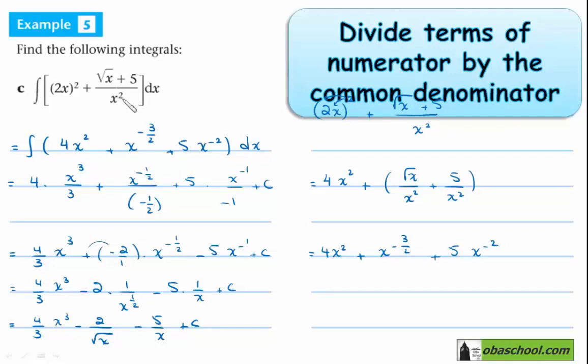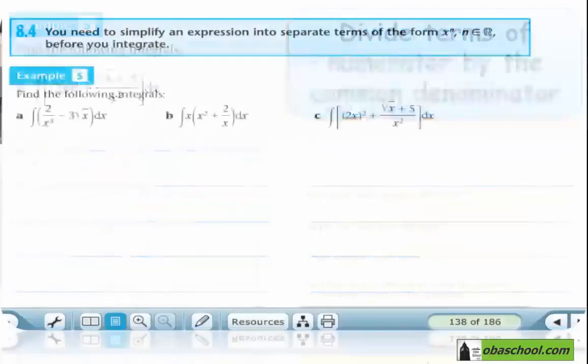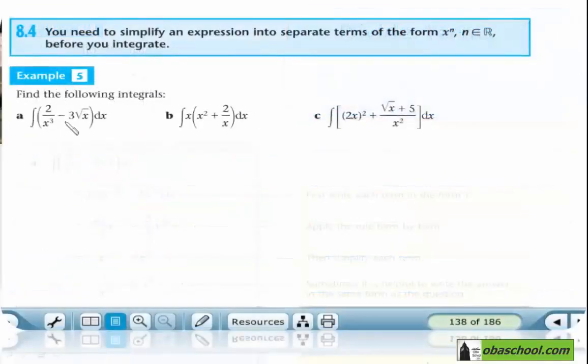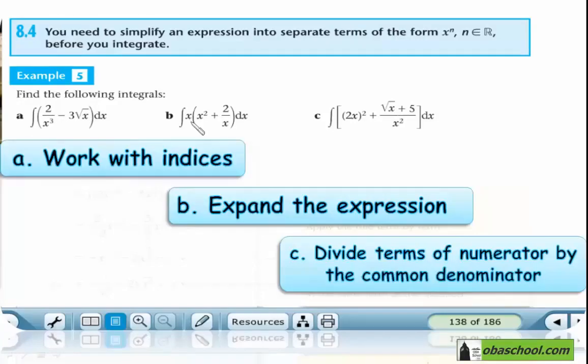By the end of example 5, we can summarize the strategies that we used to do the integration. For part A, we worked with indices. For part B, we expanded the expression. And for part C, we worked with indices and divided the terms of the numerator by the common denominator.